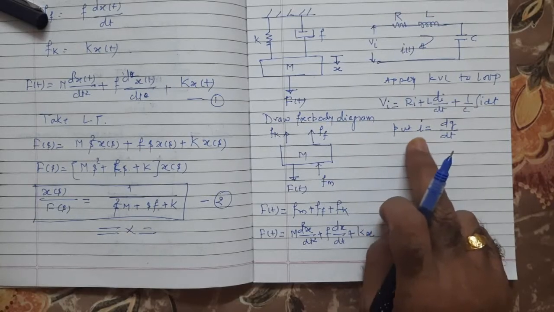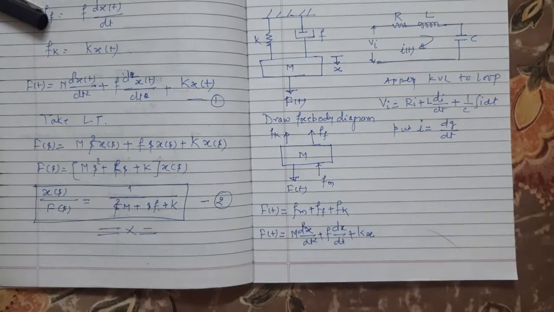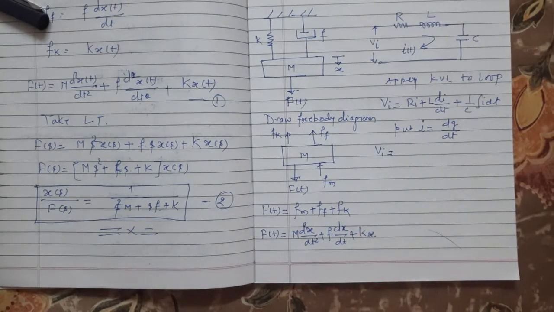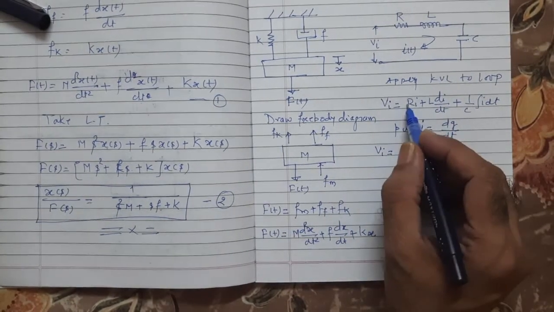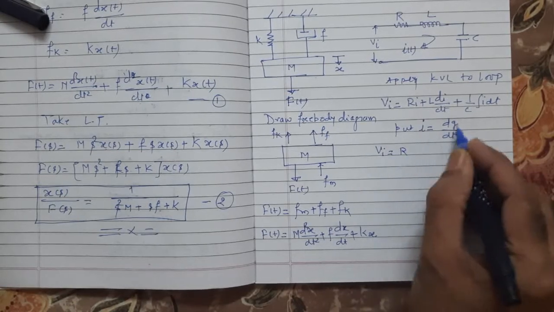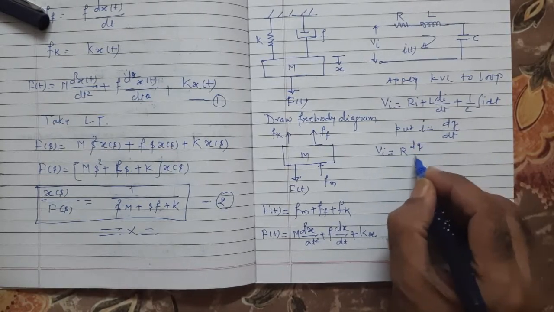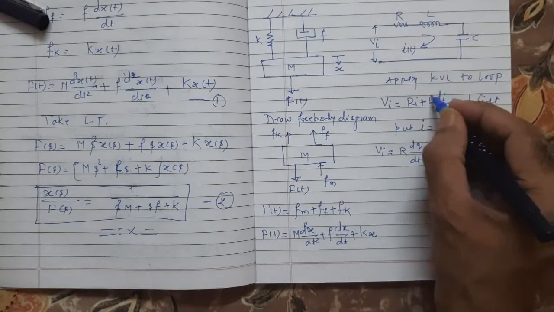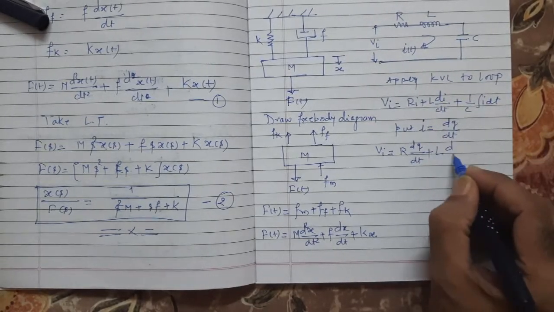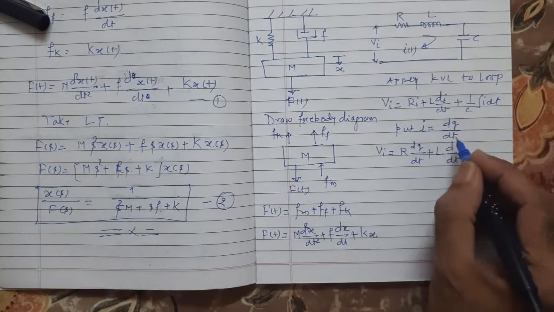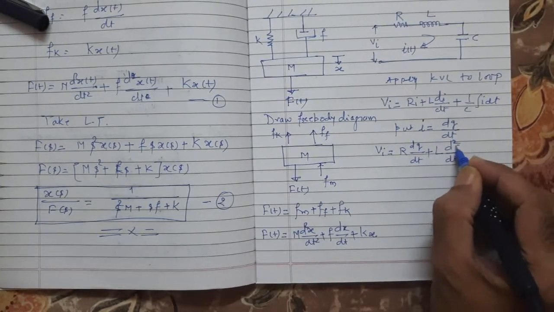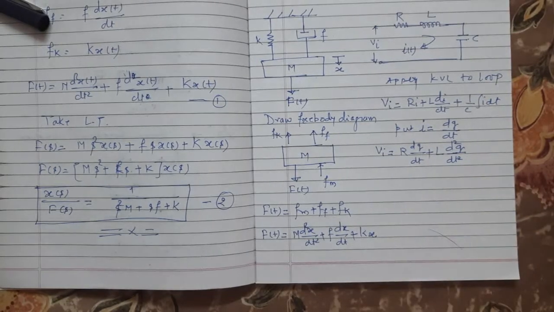So we have Vi equals R as it is, and I equals dq by dt, so this becomes R dq by dt, plus L as it is, this d by dt as it is, and I equals dq by dt, so this becomes d square q by dt square.